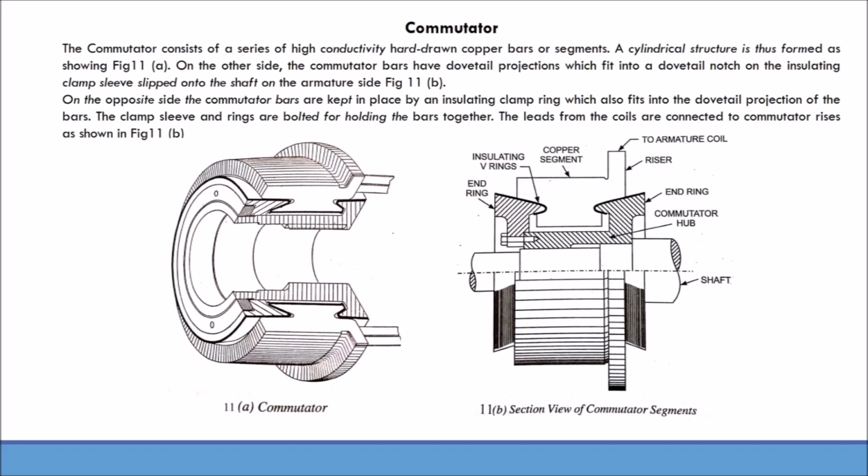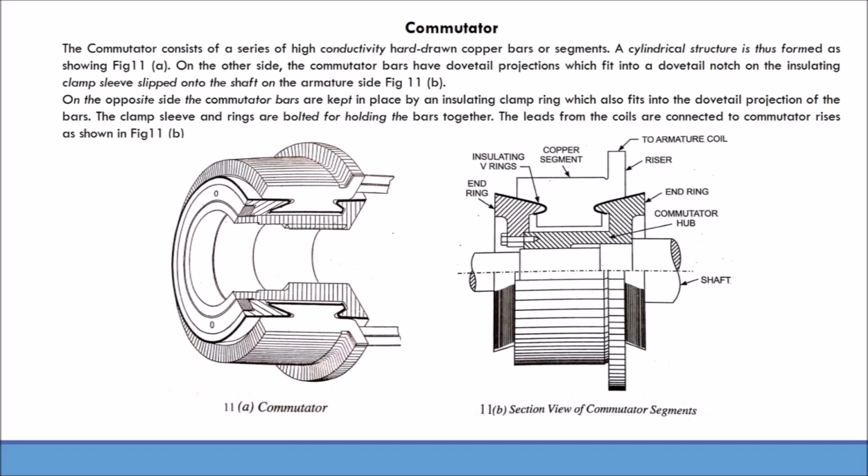On the other side, the commutator bars have dovetailed projections which fit into a dovetail notch on the insulating clamp sleeve slipped onto the shaft on the armature side, which is shown in figure 11b. On the opposite side of the commutator, bars are kept in place by an insulating clamp ring which also fits into the dovetail projection of the bars.